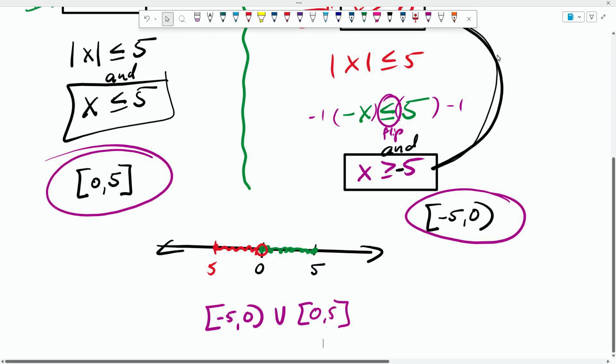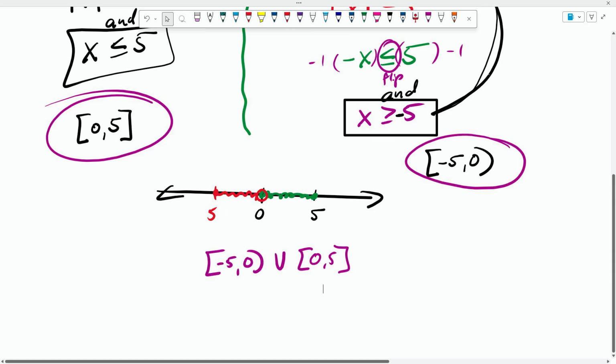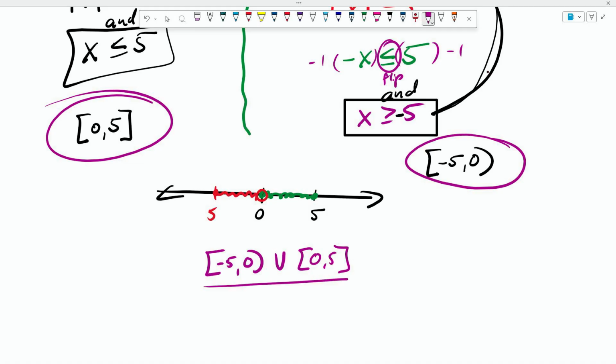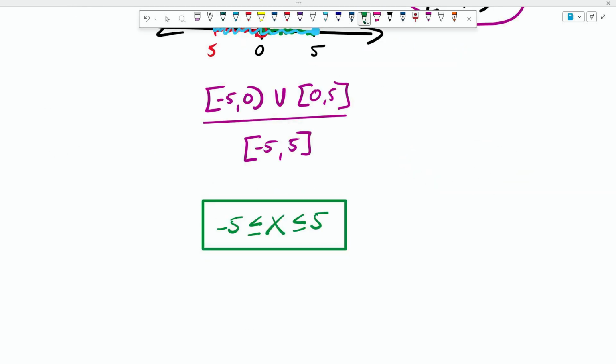Is there a reason why you can't just write negative 5 to 5? We're about to get to that, yes. You combine these two sets. These are just this set right here. Agreed? Everything in red and green is all of these numbers, this set. This would be an equivalent compound inequality, right? The solution set to this is exactly this.